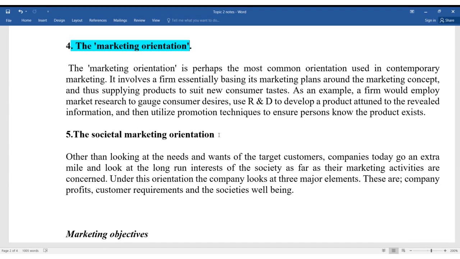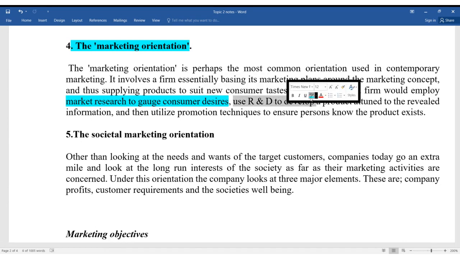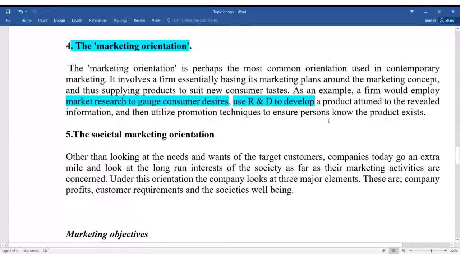Now, the company will also conduct market research to determine customers' desires. They also invest in research and development to come up with products that are relevant to customers' needs.